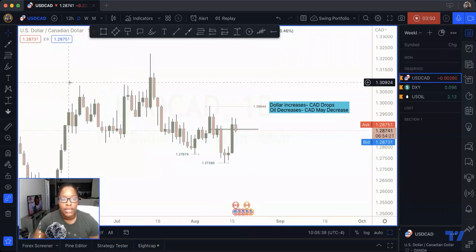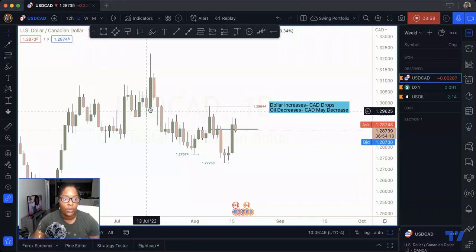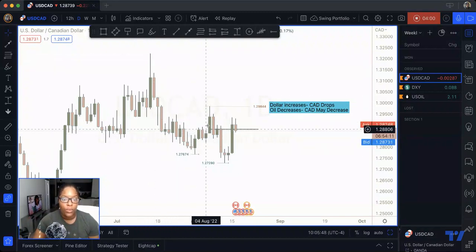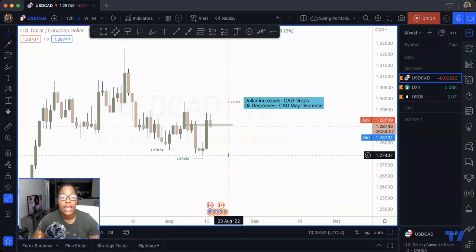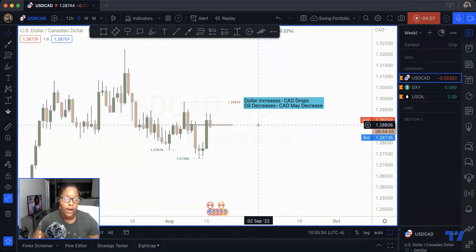But if I'm following the daily, I'm looking at a higher low, higher high, then lower low, lower high, lower low. So I'm wanting to sell right here where we are, but I want to wait for the daily time frame to close. We have about 6 hours and 54 minutes left as I am analyzing this.